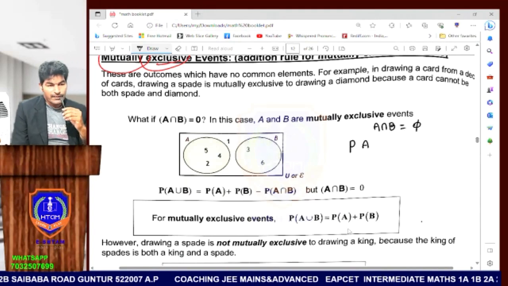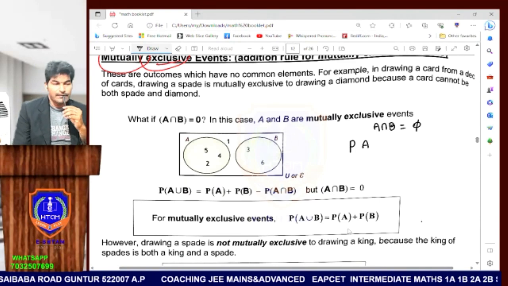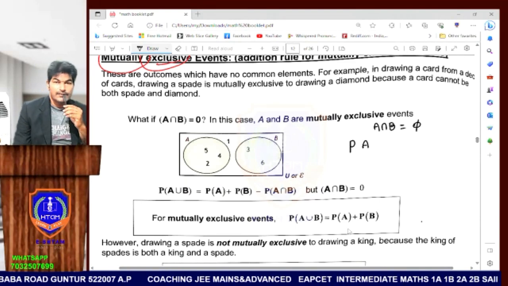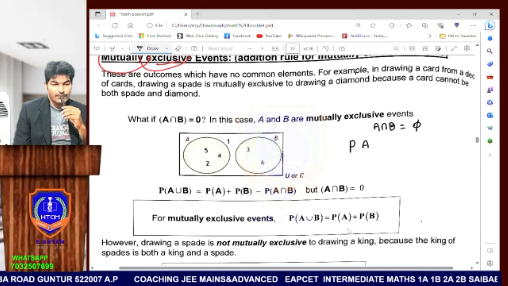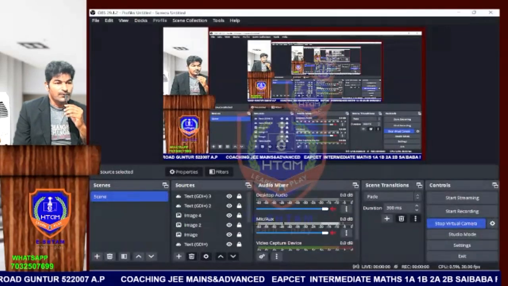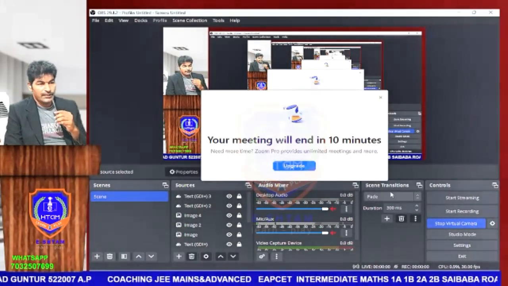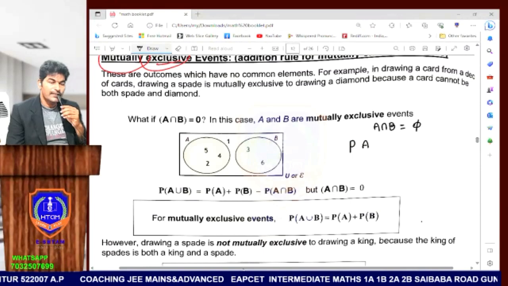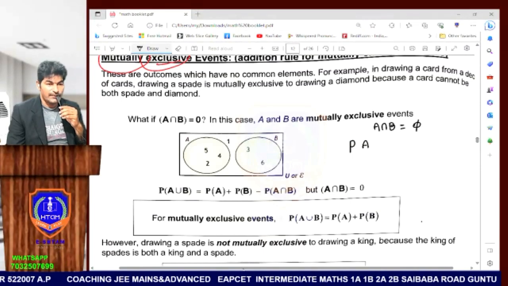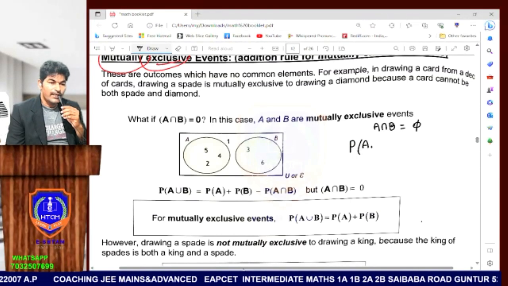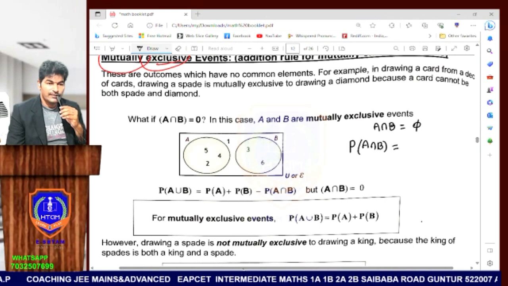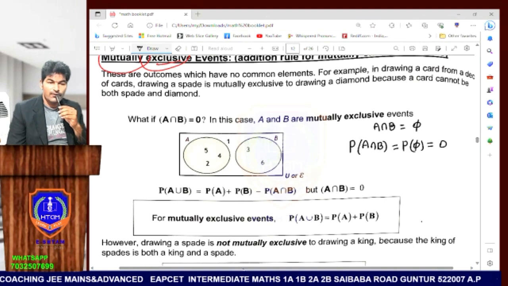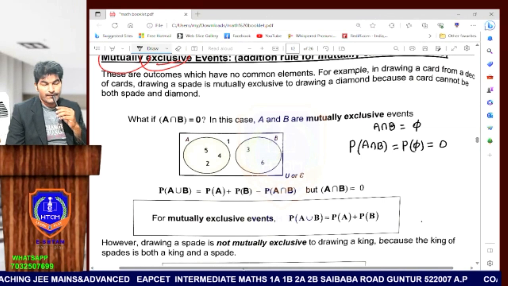What does empty mean? Empty means there is nothing common between these 2 sets. That is, the intersection is the empty set. If you calculate the probability for that, then P of A intersection B equals P of phi, which is equal to 0. Understood?